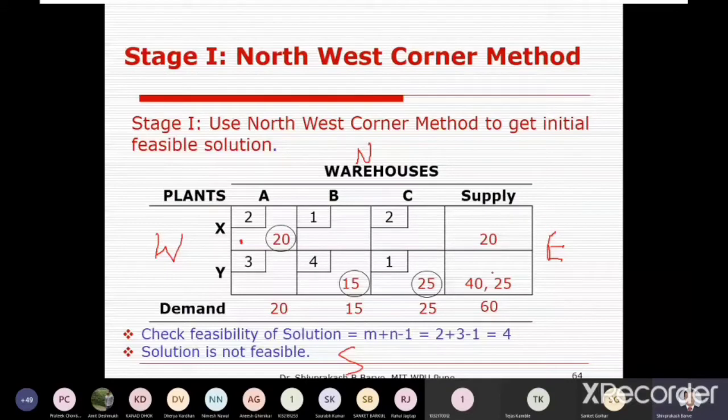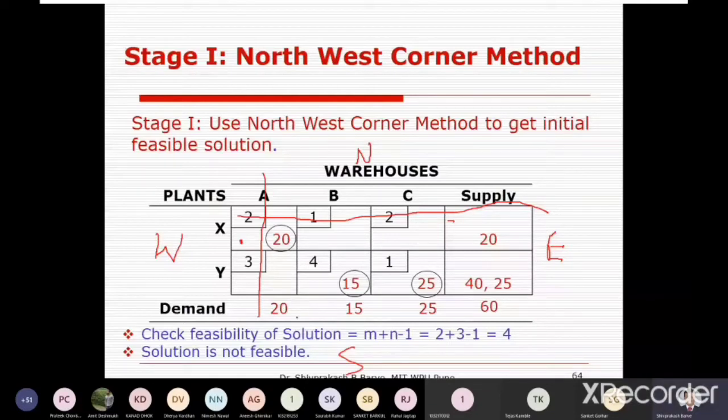When you allocate these 20 units, the plant X capacity is over, so don't consider plant X for the next iteration. Warehouse A capacity is also over, because 20 units are already shifted here, so no need to consider warehouse A for the next iteration.